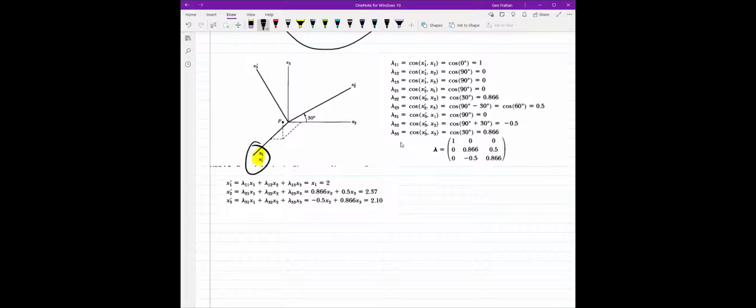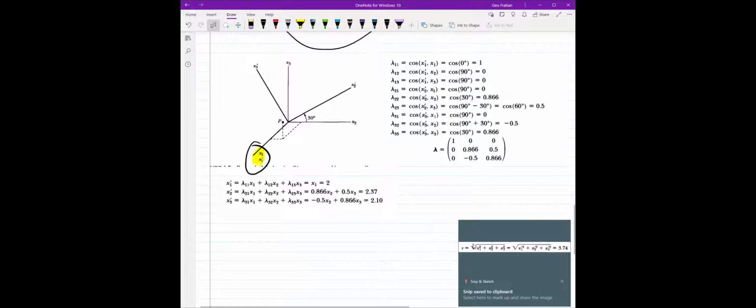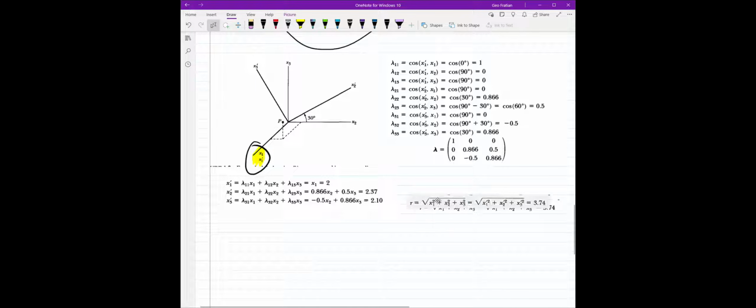So we see the point P is different than what it was before in terms of the location relative to the axis, of course.